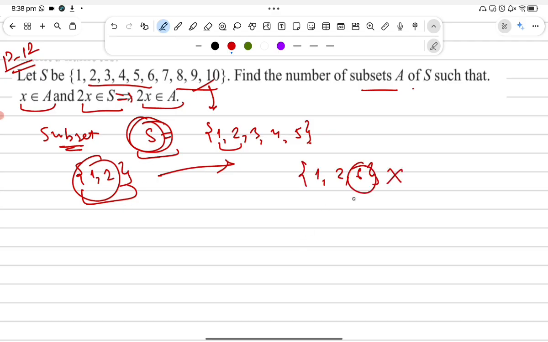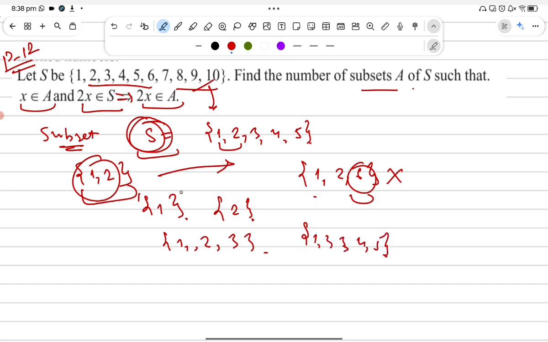Because 6 is an element of the subset but is not an element of the main set. So that is what a subset means. So it can be 1 as well, 2 as well, 1, 2, 3 as well, 1, 2, 3, 4, 5 as well. Right? So there can be empty as well. Phi is also a subset of every set. So I hope you have that much of an idea.